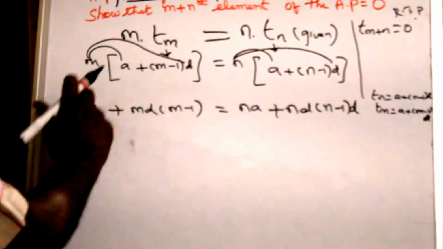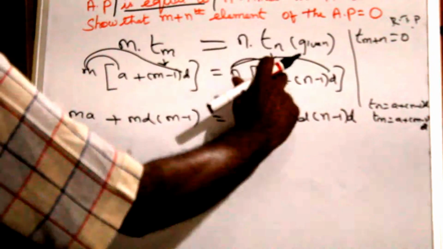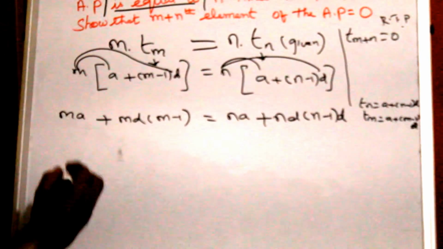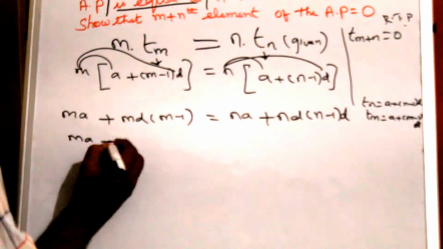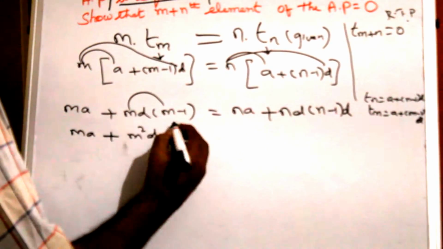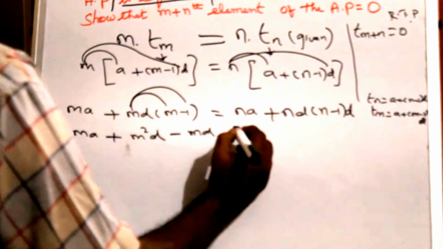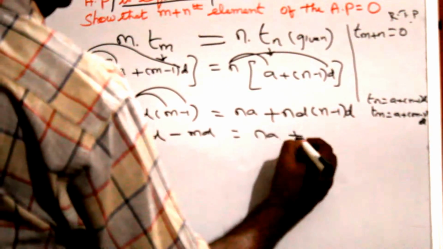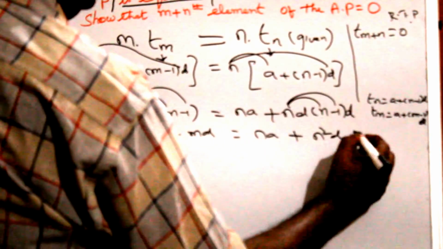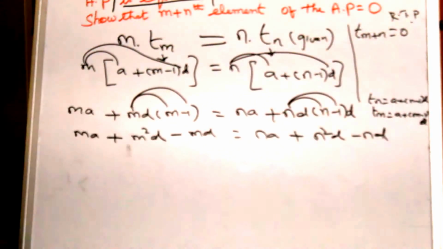After this, this ma you keep as it is, plus you multiply this, you get m square d minus md, equal to na plus n square d minus nd. So you get 6 terms totally, 3 this side and 3 this side.